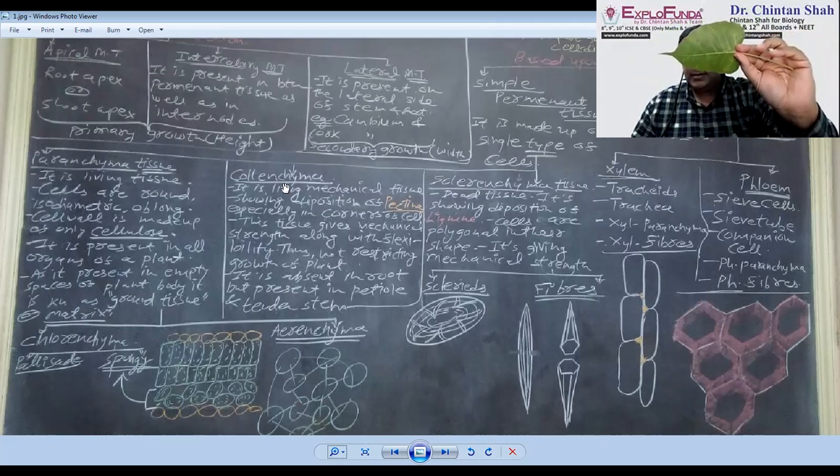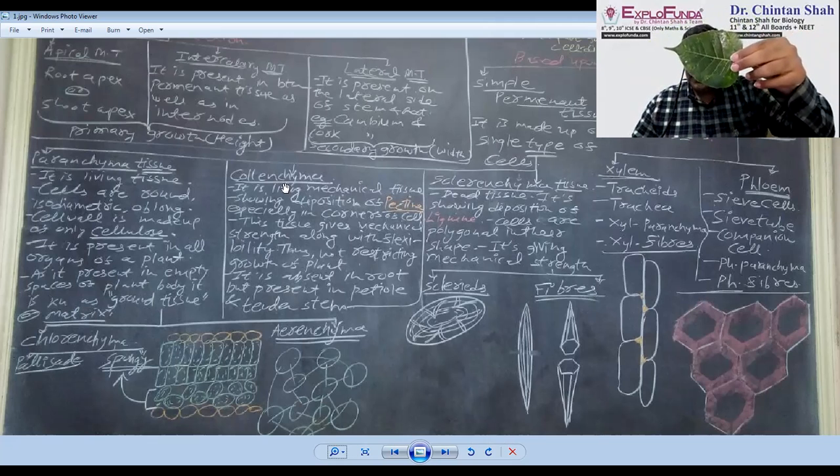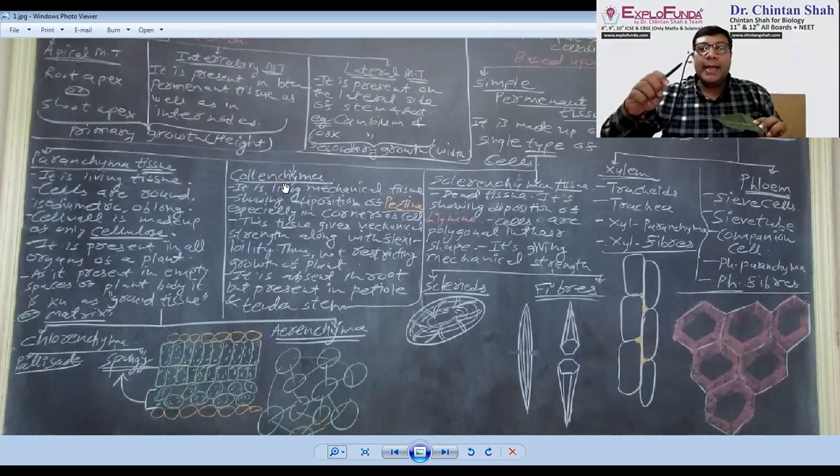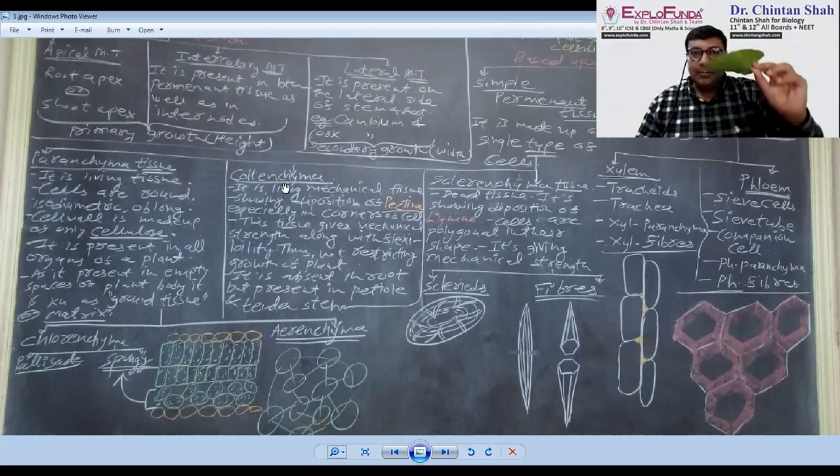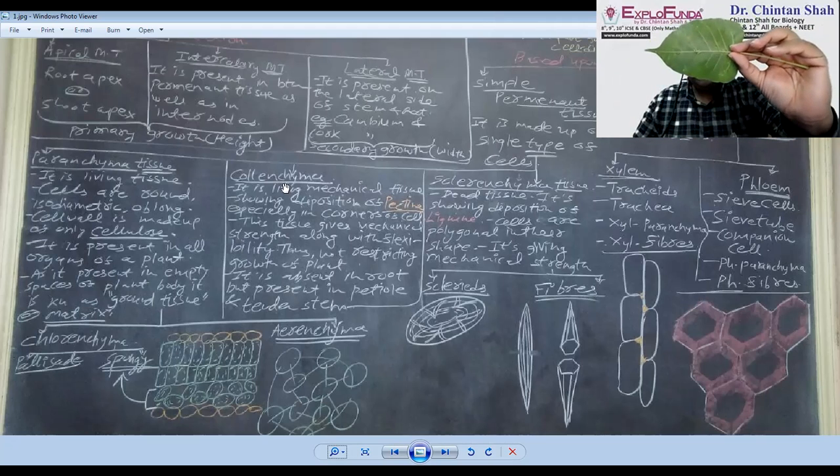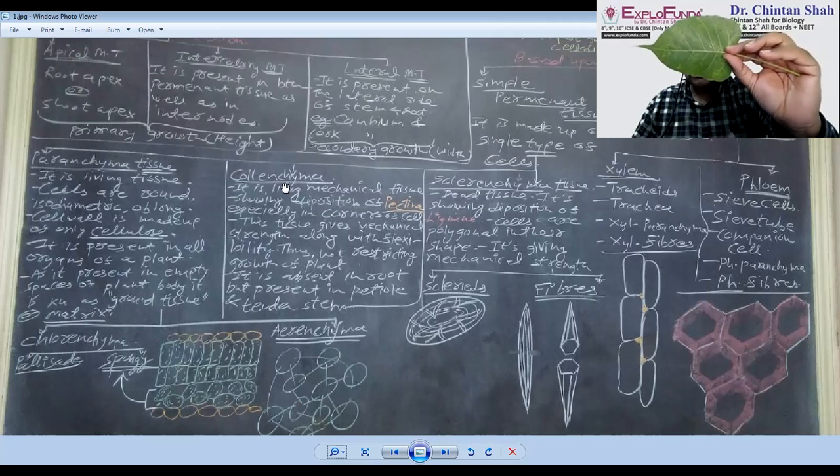So the upper side has palisade tissue, which does not show any intercellular spaces. But where the lower epidermis is, there will be intercellular spaces, and that's why this is known as spongy tissue.